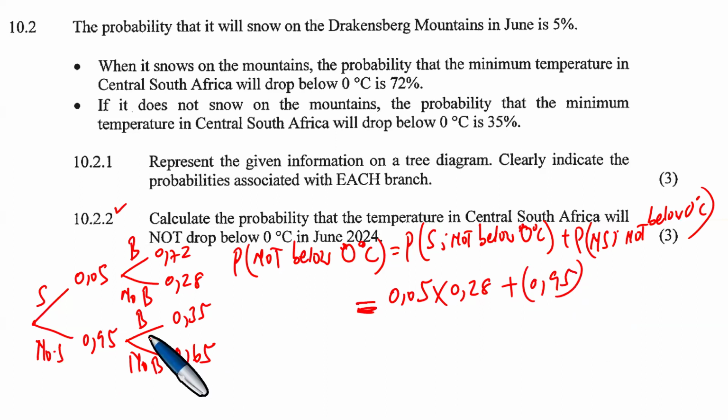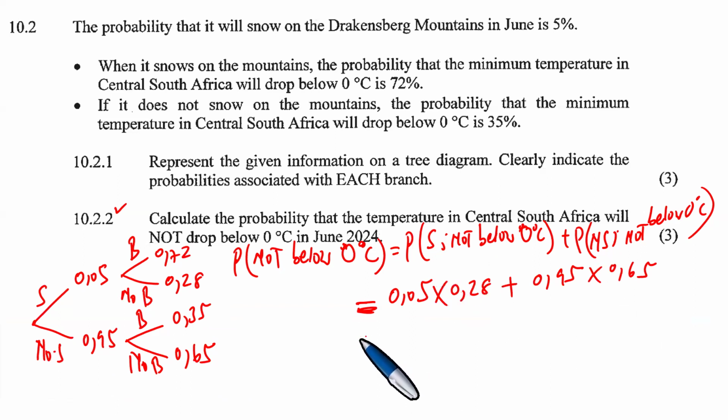Okay, so you're learning a tree diagram here. You can use some parentheses, but you can use a cross. So this is 0.95, the probability of not snowing, times the probability of not below 0. It might not snow, and not below 0, it's 0.65. So it can either snow and be below 0 or not snow and be below 0.